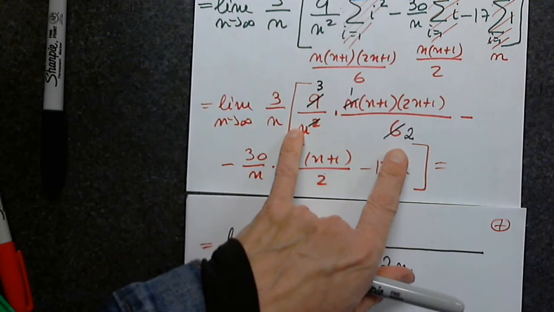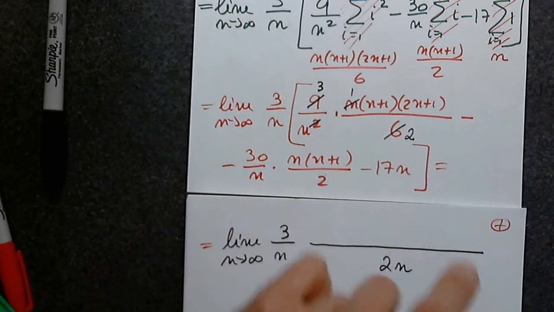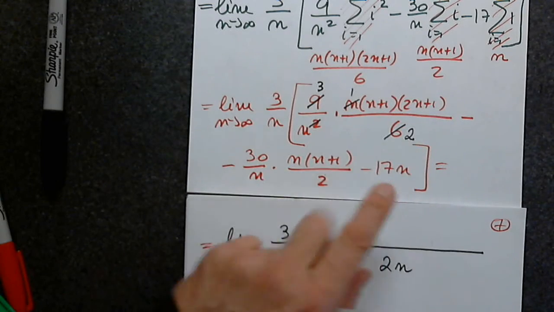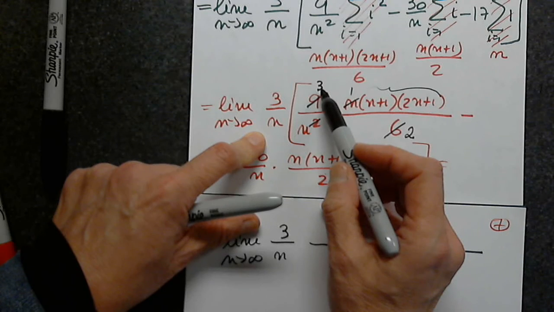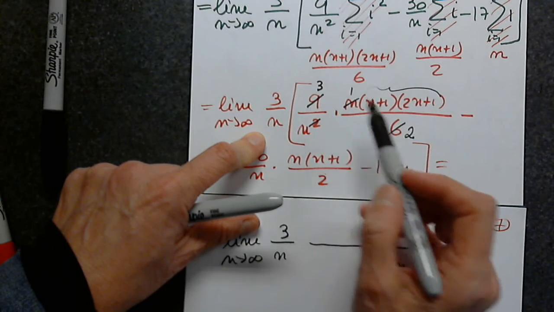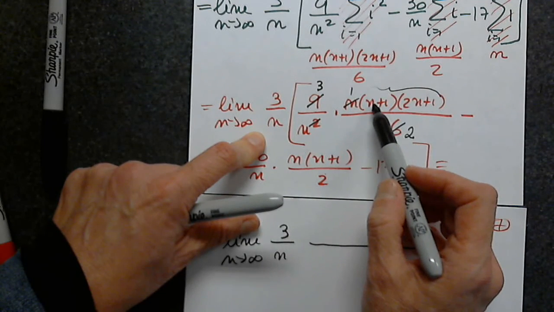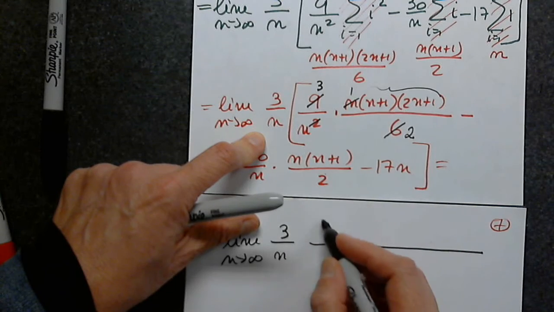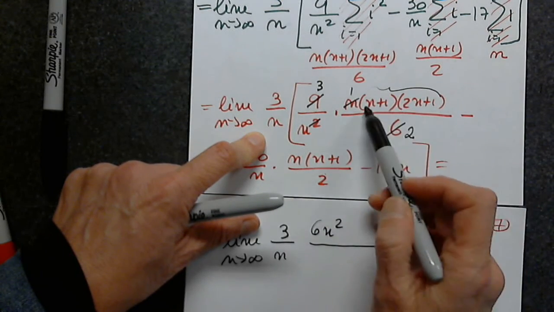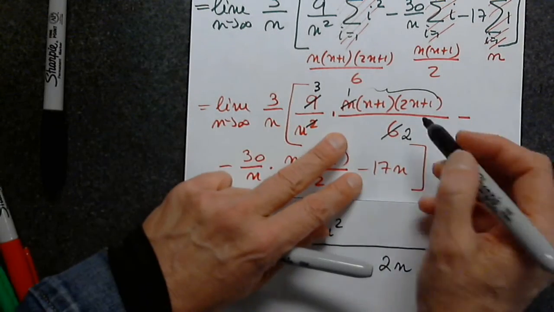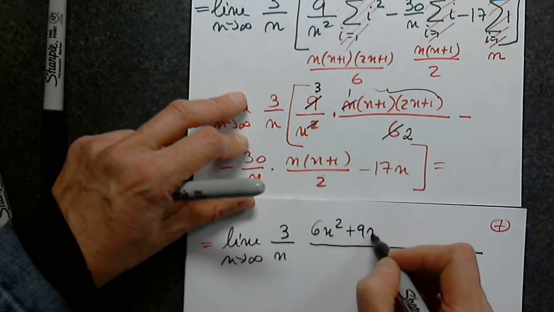The first one is 2n. Now here, I have to multiply these two and multiply by 3. So 2n times n is 2n squared times 3, 6n squared. 2n plus an n, yes, 3n times 3, so plus 9n. Very good.